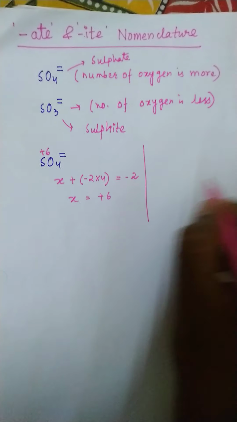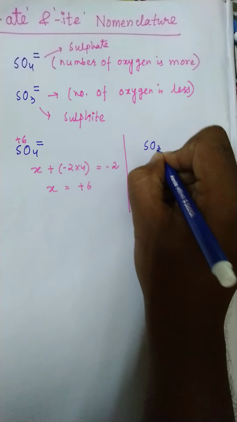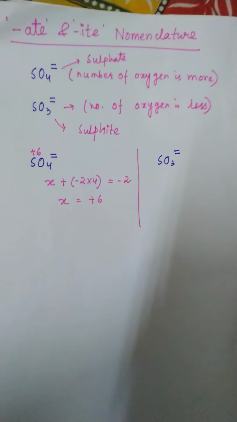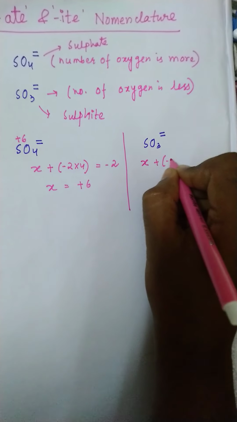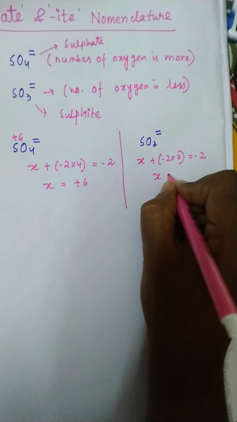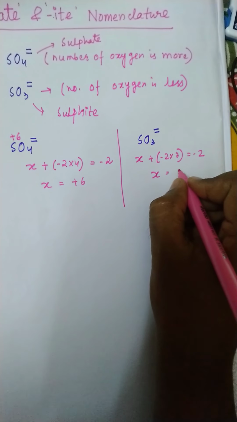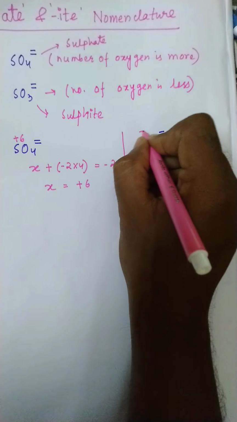And if we consider the sulfite SO3 2 minus, here if we consider sulfur as X and oxygen -2 multiplied by 3, that equals -2. So X equals +4. So here it is +4.